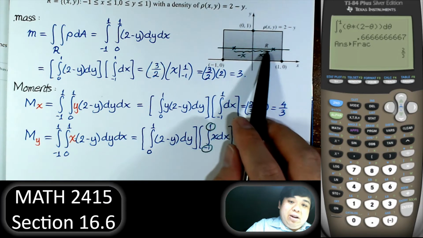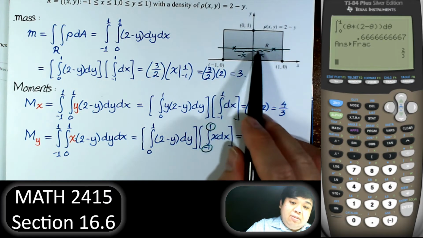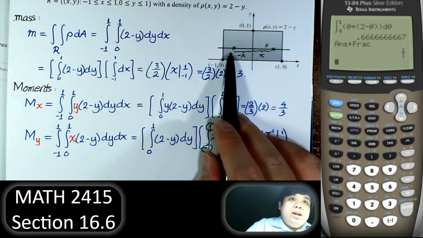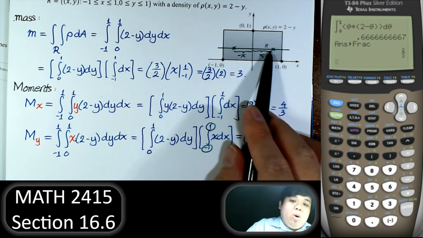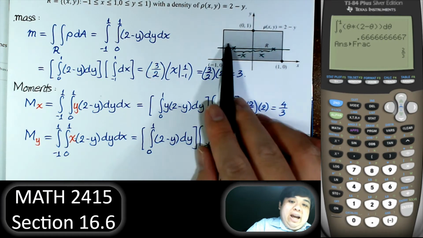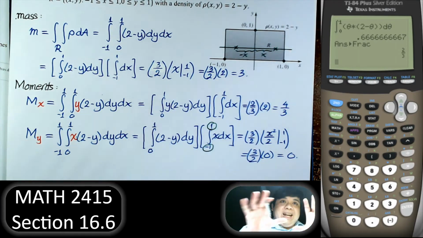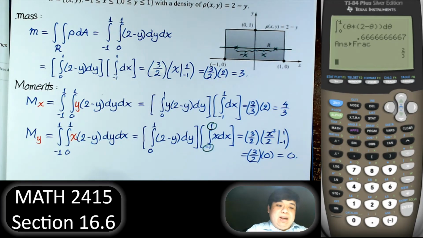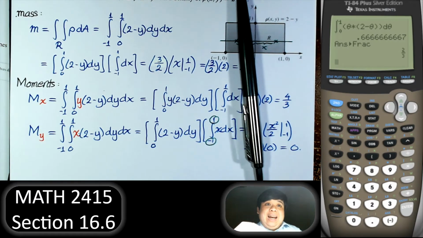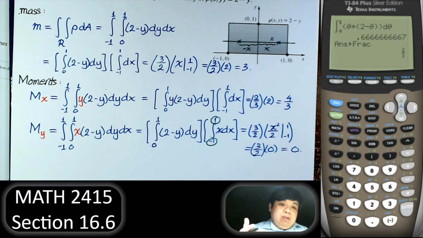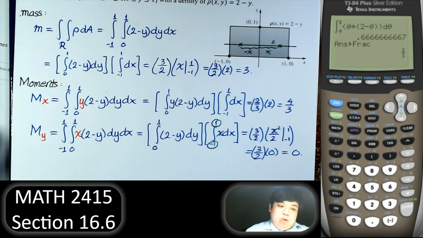The distances are opposite, therefore the moments of those 2 points are opposite. So a point here cancels a point there, and this one is perfectly symmetric. They cancel each other out on each half. Therefore, the moment about the y-axis is equal to 0. And later on, the center of mass, the x-bar, is equal to 0.